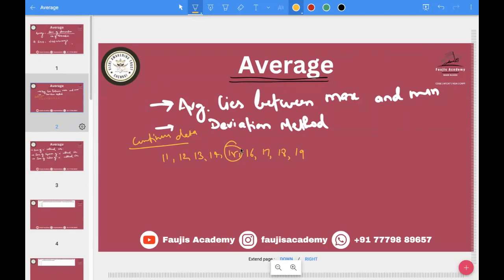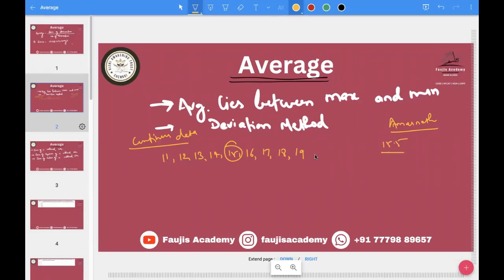Who said 15.5? Amarnath? Yes. One moment, buddy. Amarnath says it's 15.5.